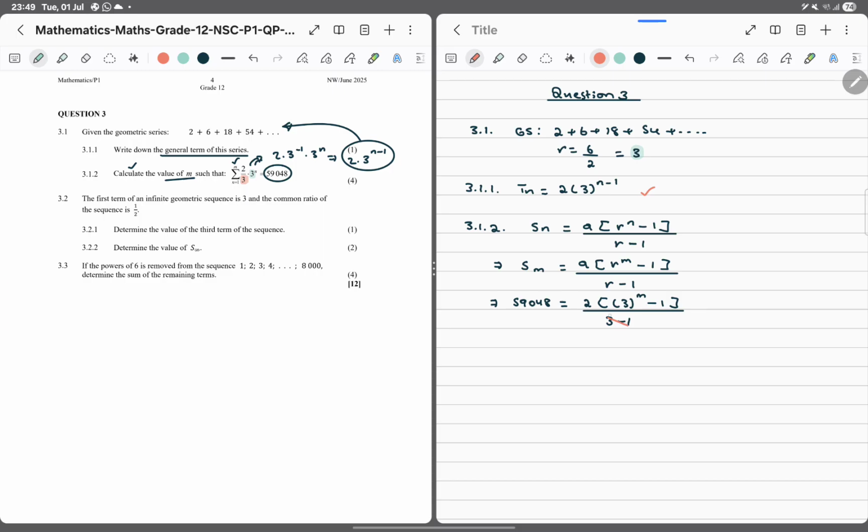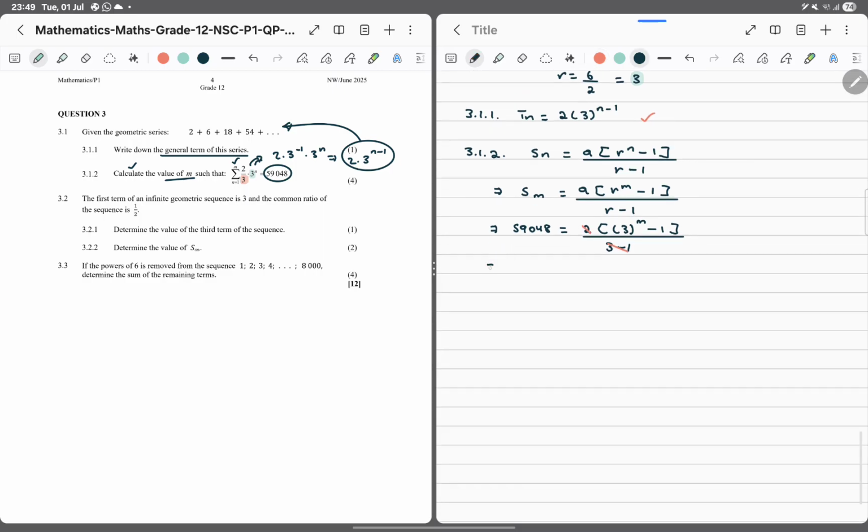Now we know that this will take care of that nicely. So we've got 59048 equals 3 to the m minus 1. We isolate 3 to the m, we add 1, it's going to be 59049.